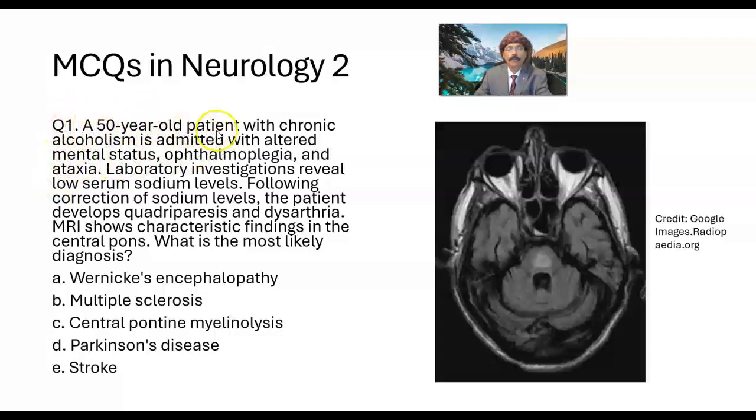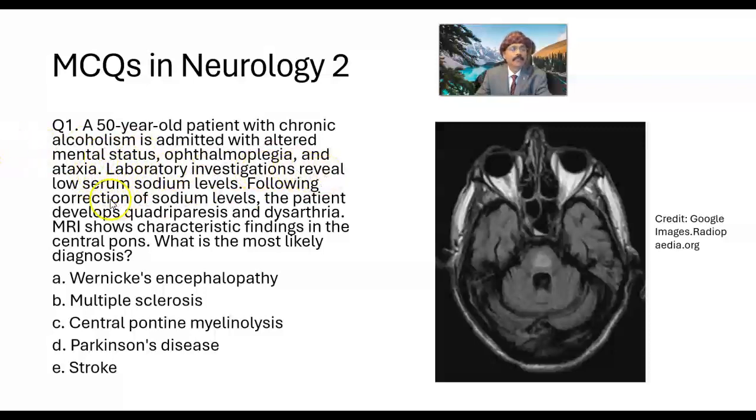A 50-year-old patient with chronic alcoholism is admitted with altered mental status, ophthalmoplegia, that means the extraocular muscles are not working, they are paralyzed, and ataxia, that means a type of imbalance.